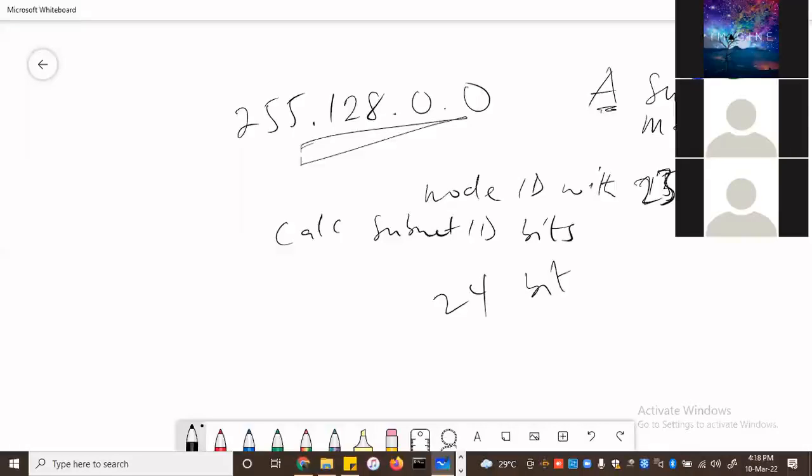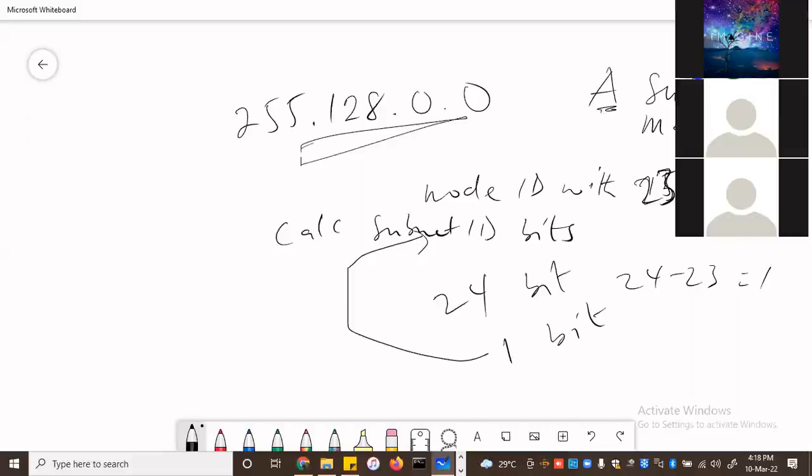But it said it has 23, so it means only 1 bit is left, and that will become your subnet ID bit. So it's 24 minus 23, which is 1. Yeah, 1 bit. Now you guys are getting it.